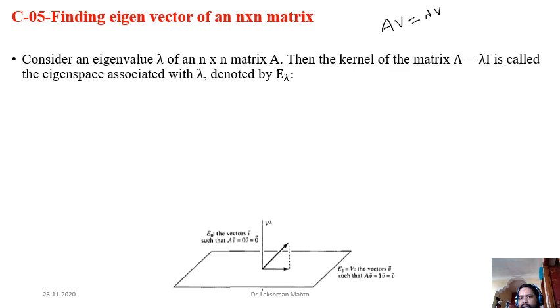That means A times v equals lambda times v. At most, the change the matrix can bring in v is a scaling factor. And remember that v must be a non-zero vector; to define an eigenvector, we always take a non-zero vector.